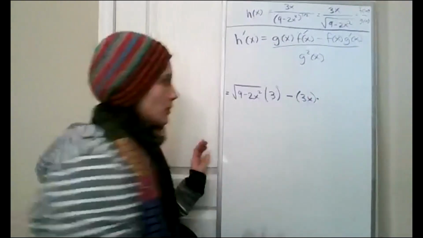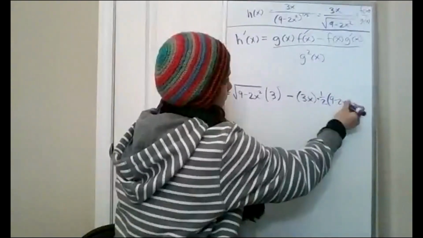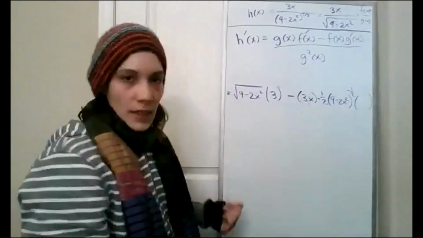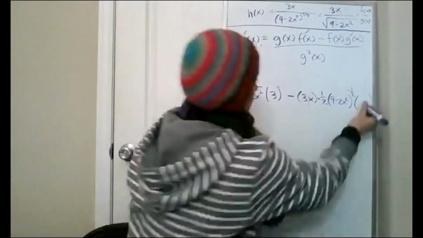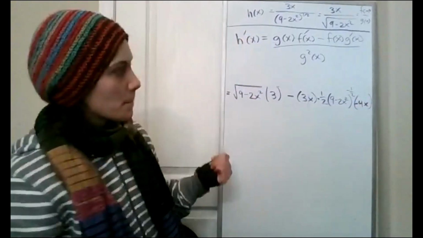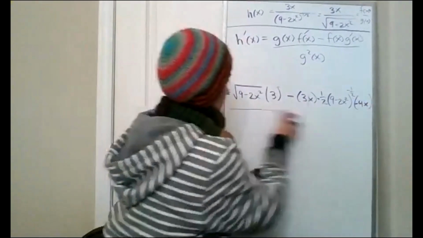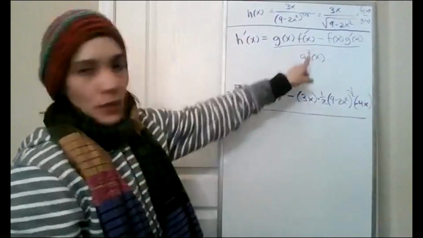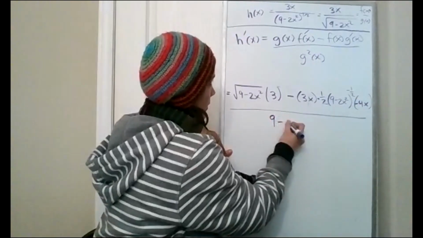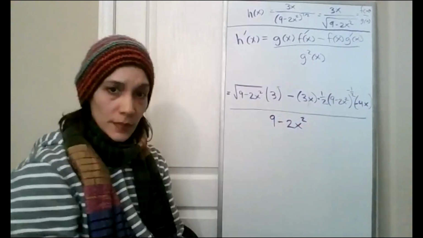It was 1/2 9 minus 2x squared to the negative 1/2 multiplied with negative 4x. Okay, that's all over g of x squared. So we're going to square that square root, which leaves the 9 minus 2x squared. Okay, that's right.